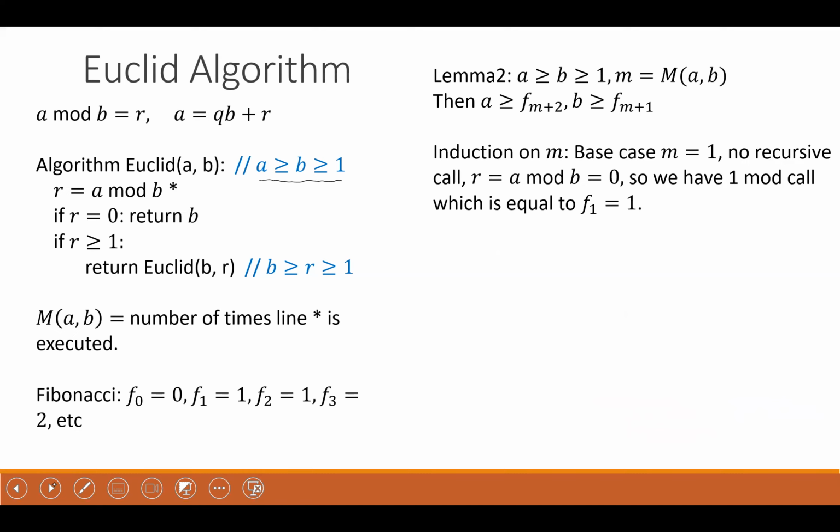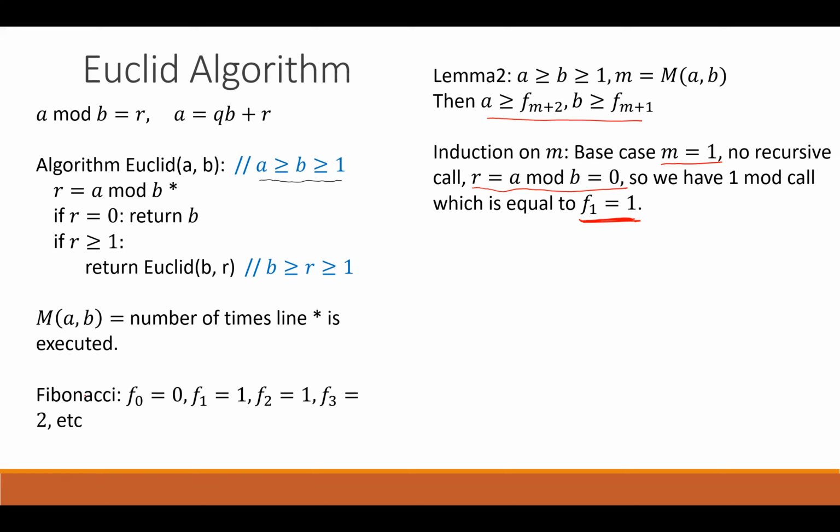Okay, so we want to prove this lemma that A and B are at least these Fibonacci numbers. Our base case is M equal to 1. So we have no further recursive call; we make one call to the mod function. If M is equal to 1, we make one call, and that's equal to the first Fibonacci number.